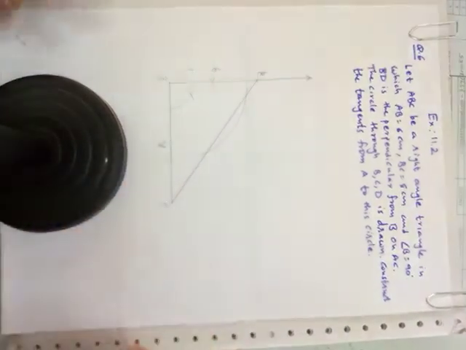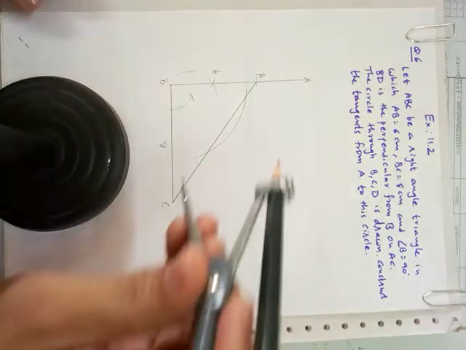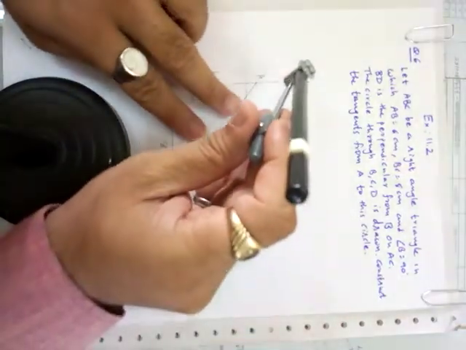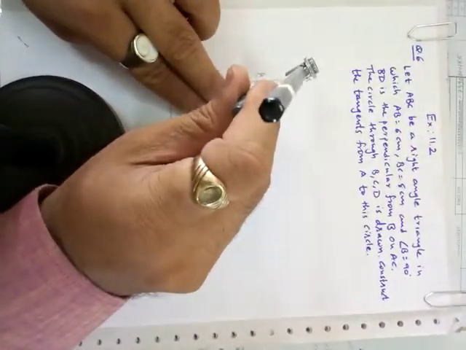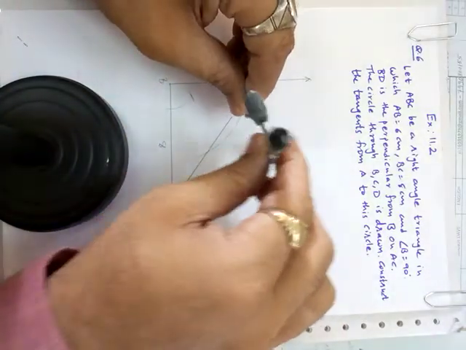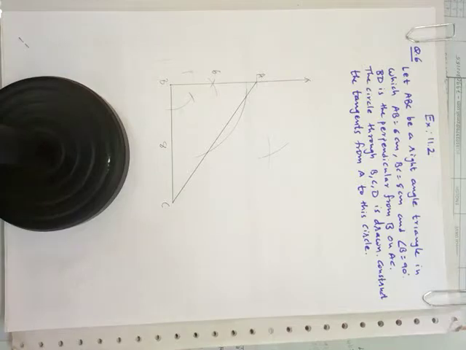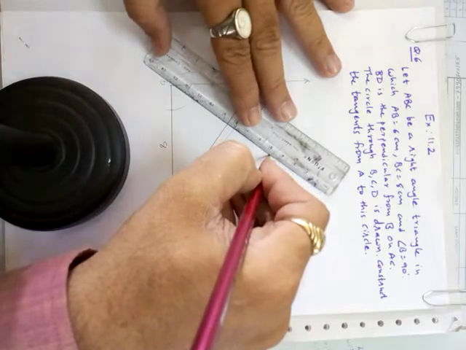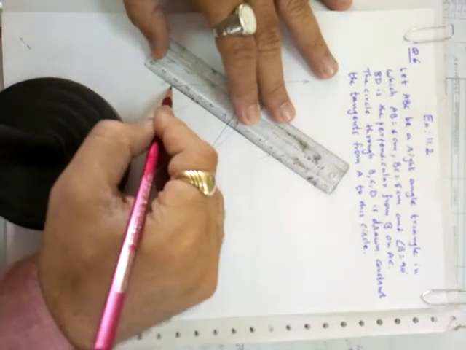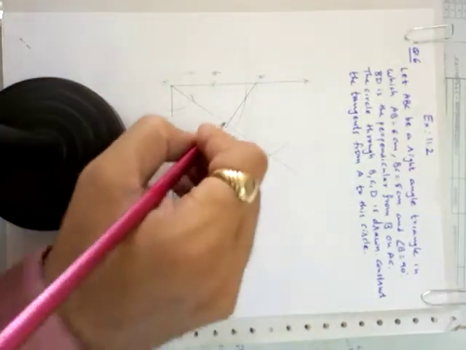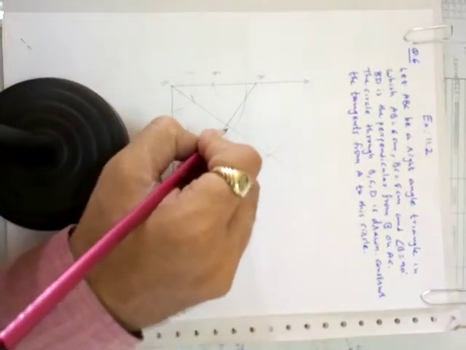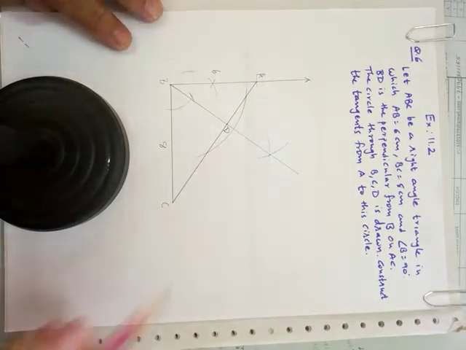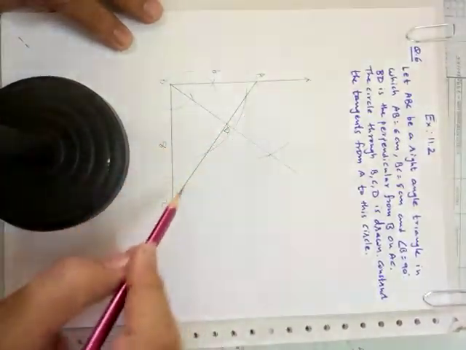From these 2 points, again we have to draw an arc of approximate radius, 2 arcs, so we got a perpendicular. Give here point D. So line segment BD is perpendicular to line segment AC.